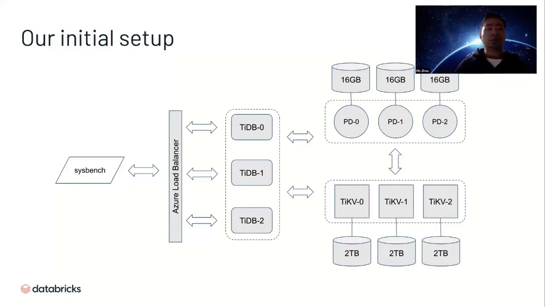Okay, so this is our initial setup in Azure. We have a bunch of TiDB nodes, a TiDB pod, and a bunch of PD pods and TiKV. Each of the TiKV pods is backed by 2 terabytes of storage, and we will use Sysbench to benchmark it.